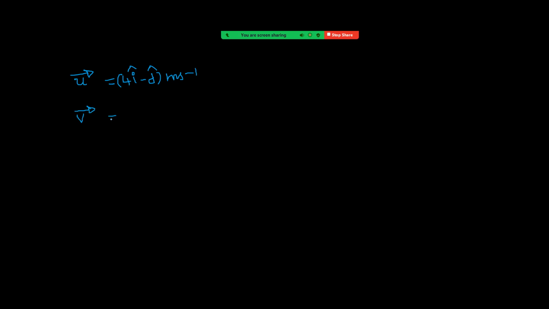After collision, velocity equals i cap plus 3 j cap meter per second. So we are given velocities before collision and after collision with the floor. Okay.